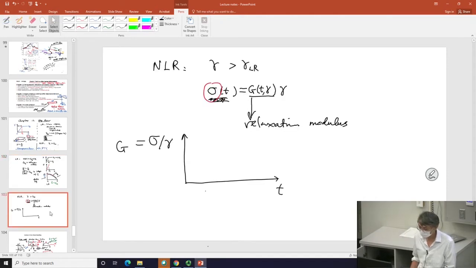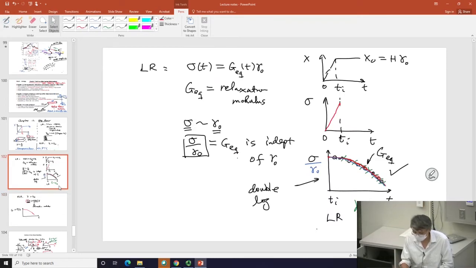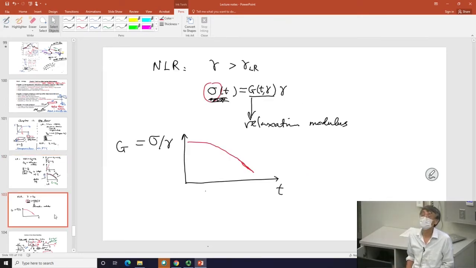So you ask first, please plot the so-called equilibrium relaxation modulus. What's this? It turns out all untangled polymers give you this universal curve that you may build a theory for. But let's say you have such an experiment done, linear response. This is the limit where the data was collected in the limit of gamma being small.